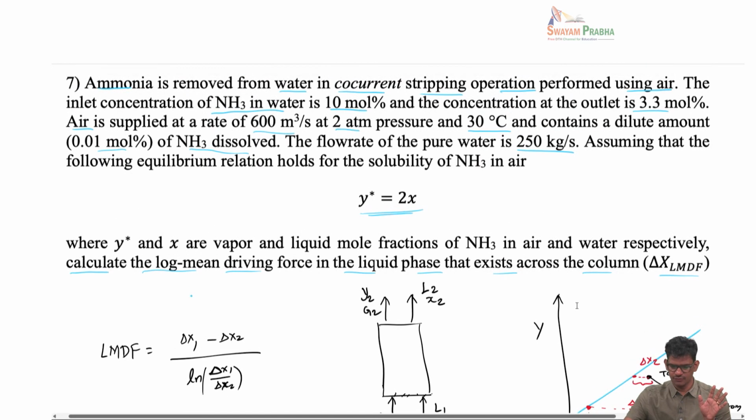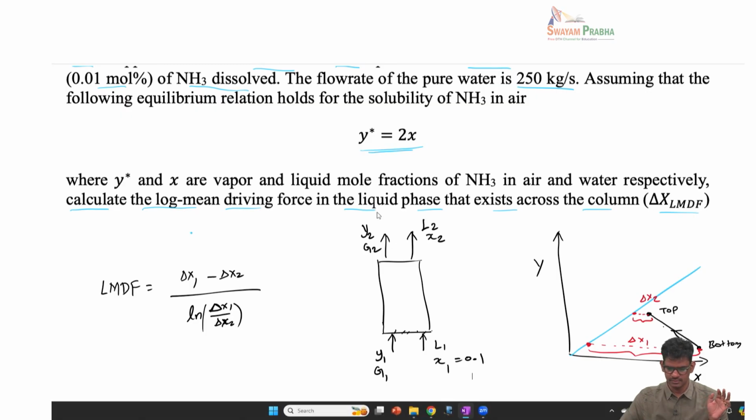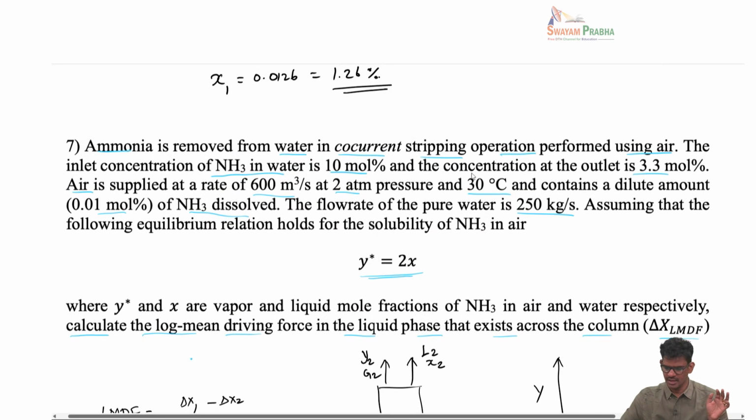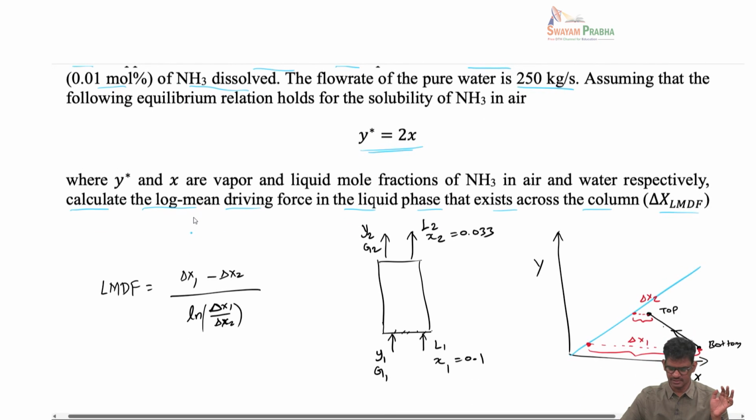For example, ammonia is removed from this. The inlet concentration of ammonia in water is 10 mole %, so this is actually 0.1, and the outlet concentration is 3%, and the air flow rate is given.